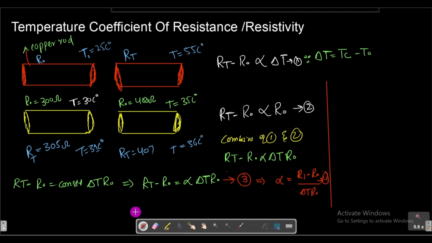So this is the relation, equation 4, for the coefficient of resistance.